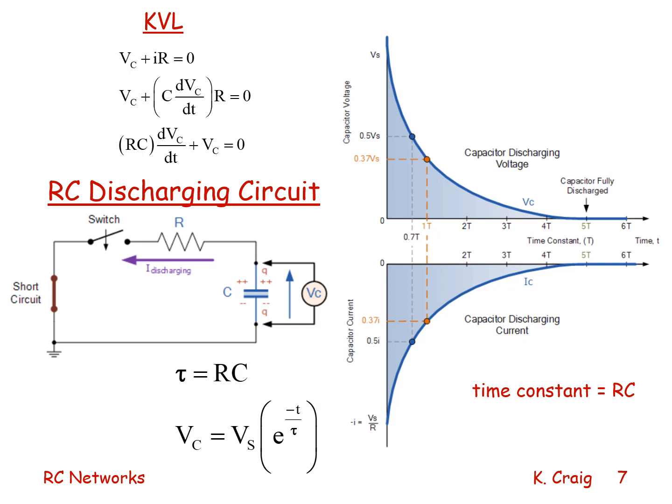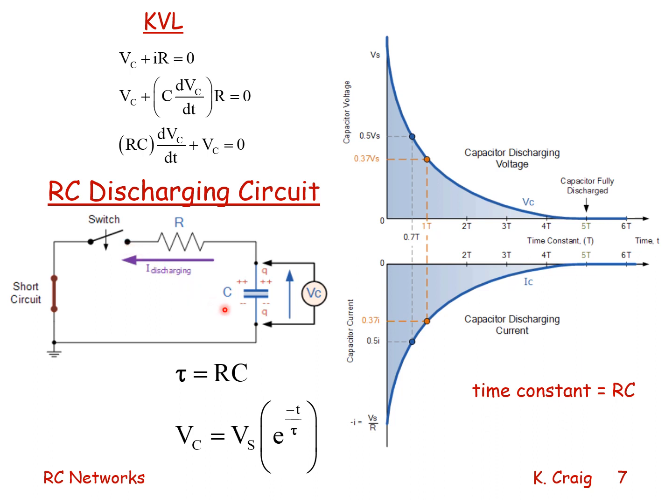Now let's consider an RC discharging circuit where the capacitor is fully charged and then the voltage supply is replaced by a short circuit, and at time t equals 0, the switch is closed.